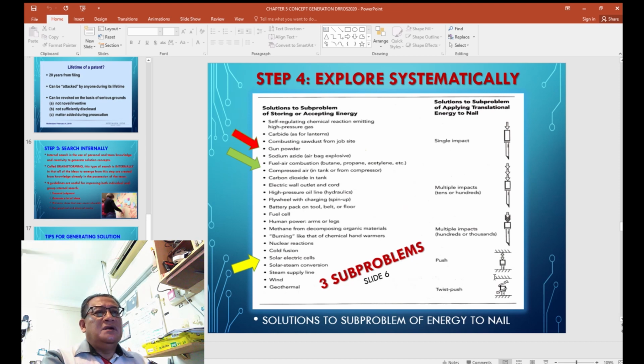For example, you may use fuel air combustion, or you may use gunpowder. These are some of the crazy ideas given by your members during the brainstorming or during your search. Or you could use, for example, solar electric cell. So these are a few options that you could consider.